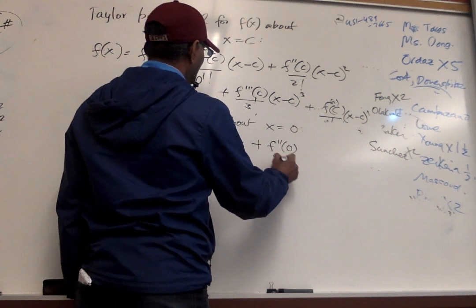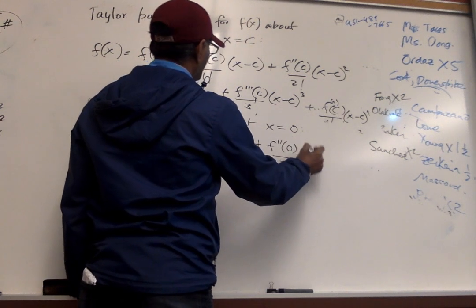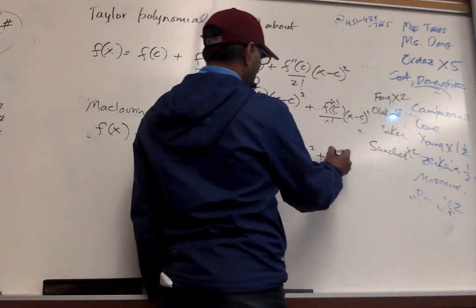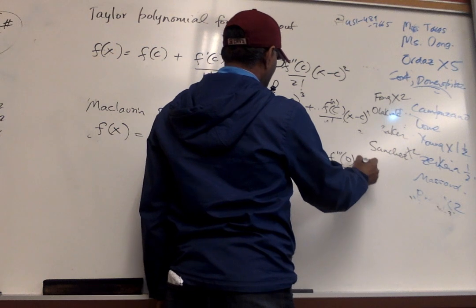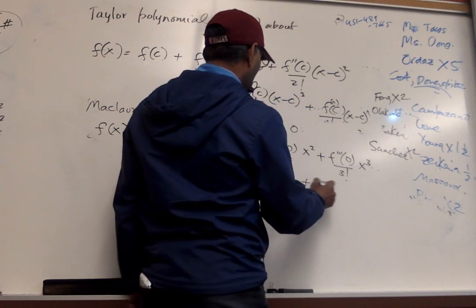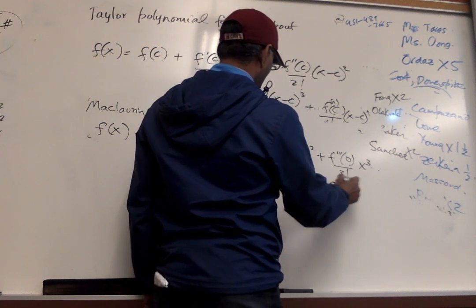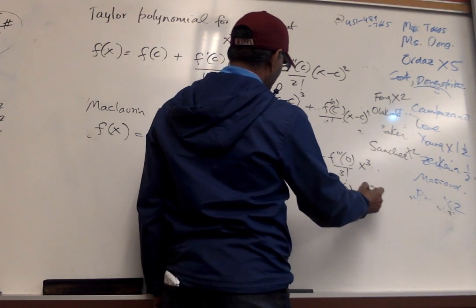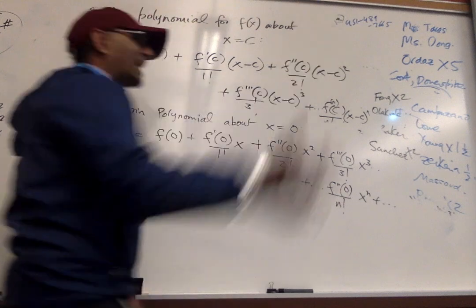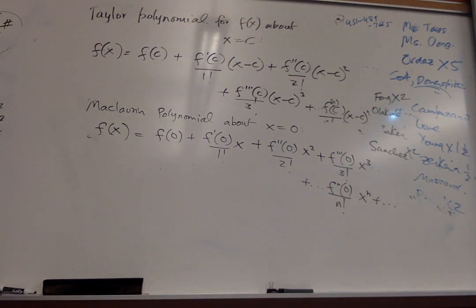Very good. Next term becomes over x plus dot dot dot, and the nth term becomes fn of 0 over n factorial x to the power of n plus dot dot dot. And that is the Maclaurin formula.